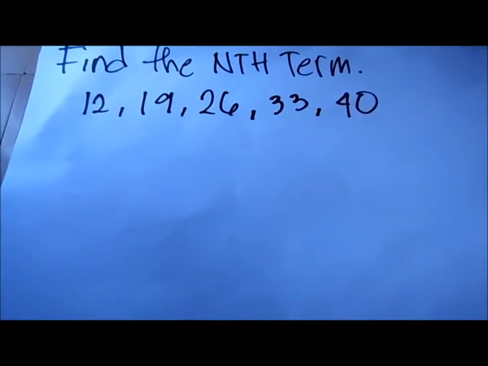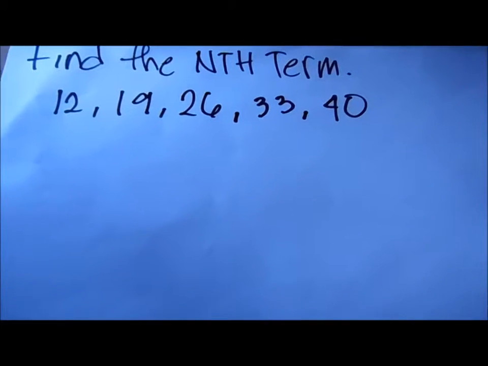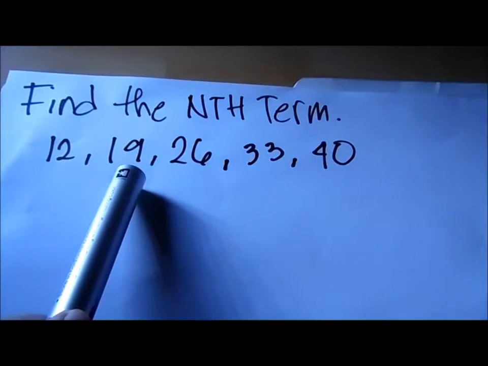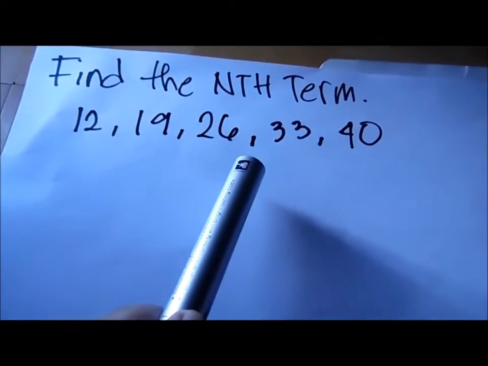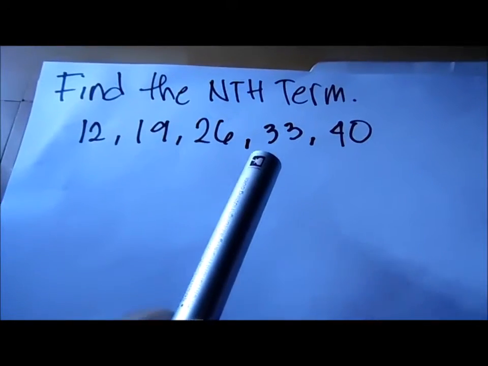Next, we're going to find the nth term formula with this sequence: 12, 19, 26, 33, and 40.